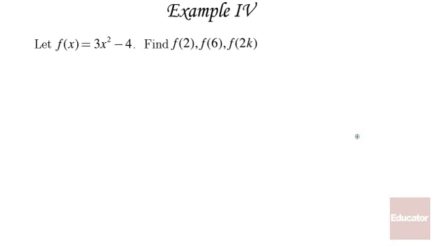Okay, in example 4, we're given f of x equals 3x squared minus 4 and asked to find f of 2, f of 6, and f of 2k. So first, f of 2.